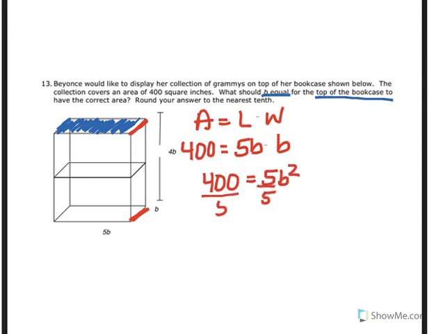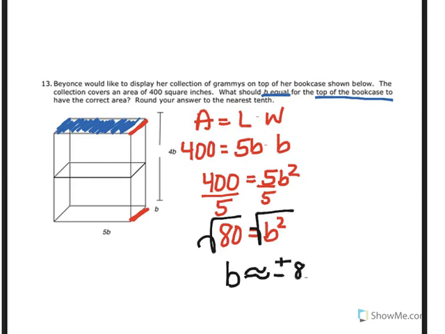Let's divide by 5 on both sides, and we get 80 equals B squared. Take the square root, and we get B is approximately equal to plus or minus 8.944.